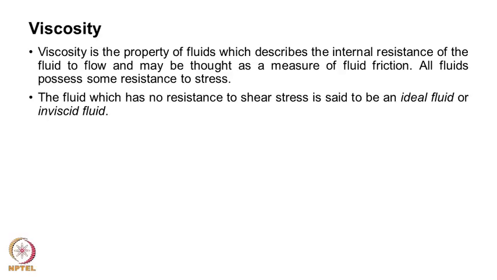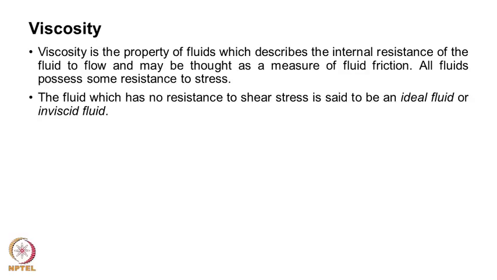A fluid where resistance is assumed to be 0 or to have no effect is called an ideal fluid or inviscid fluid. So, in some situations you can assume an ideal fluid, or inviscid calculations can be done to obtain a first level of results or approximation. Then that inviscid solution can be taken as an initial condition for subsequent viscous calculation.